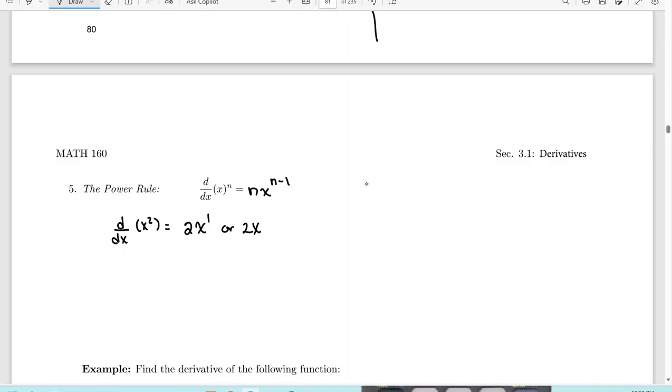Right. So we can do this by finding the derivative of f of x if f of x is equal to x squared by using our limit definition. Limit as h approaches 0 of f of x plus h. So put the x plus h in for f of x, square it, minus f of x, divided by h.